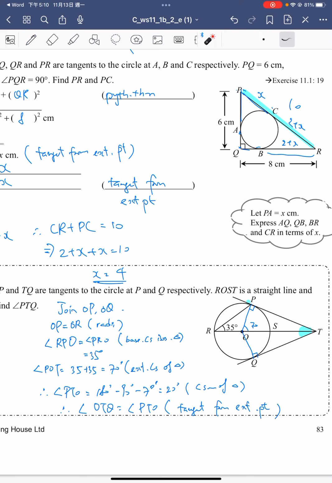So once again, this angle PTO is equal to the angle QTO because T is the external point, and this is from the tangents. So we have the tangent from an external point to say that they are equal. So our required angle PTQ is equal to 20 times 2, giving you 40 degrees.